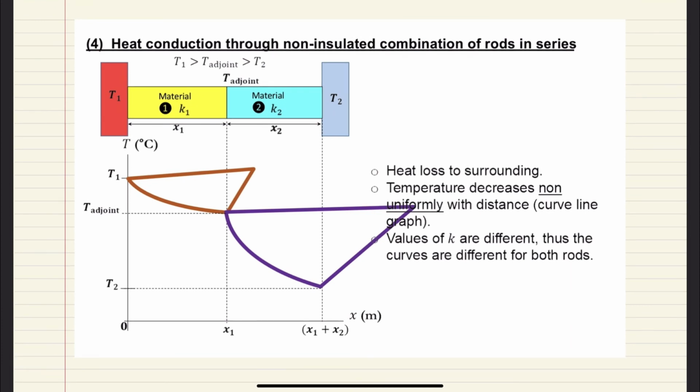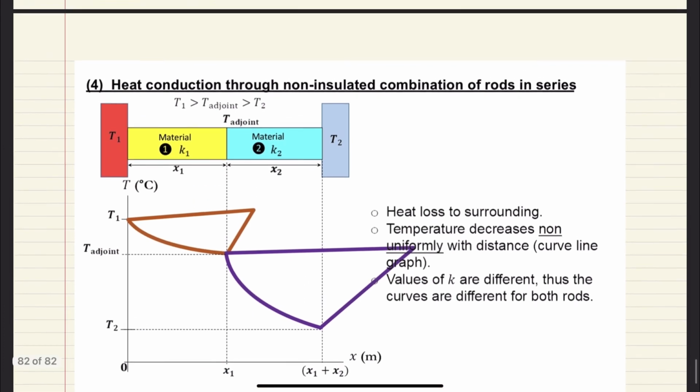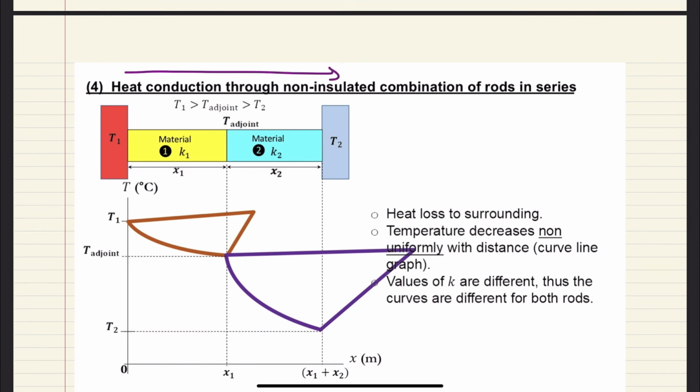And then for non-insulated, if you have two materials side by side, okay, just now it was insulated, so no heat loss. Now it's not insulated, so you have heat loss through the surroundings. Again, T1 is bigger than T2, so you will expect the heat to flow from there to there. So T1, maybe T2 and T3 over there.